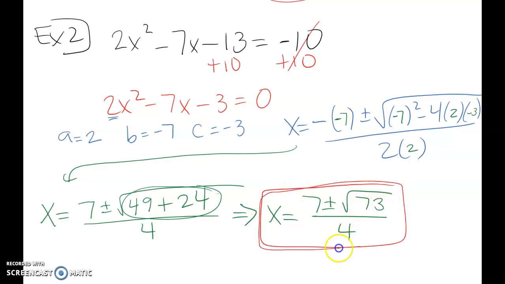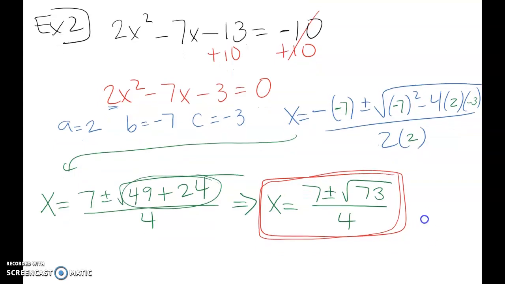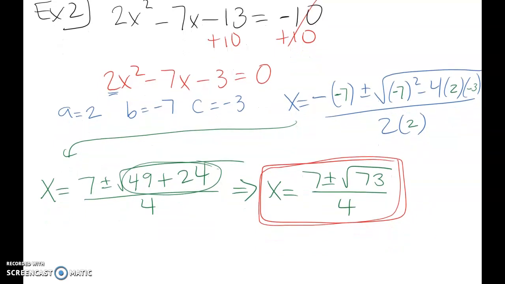This is simplified as best I can. This is the exact answer, right? 7 plus the square root of 73 divided by 4, and 7 minus the square root of 73 divided by 4. If I wanted these answers as decimals, I would plug in the square root of 73 into my calculator, and then whatever decimal I get there, let's see, the square root of 73.